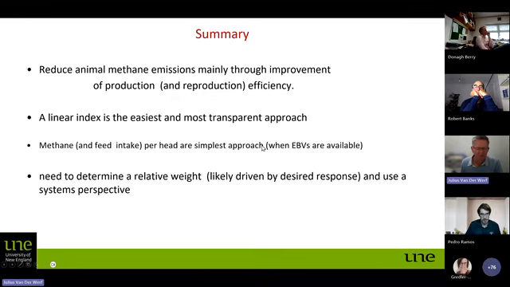So the relative weight probably has to be determined by desired gains rather than economic values, because at the moment those economic values are way too low, but we can maybe speculate how much higher they will be in 10 years. It's a bit similar in a way to selecting for milk production and reproduction. If you only use economic values, you just produce more milk and dairy cows become less reproductive, but if you put a bit more weight on reproduction, you can find a sweet spot that improves both.